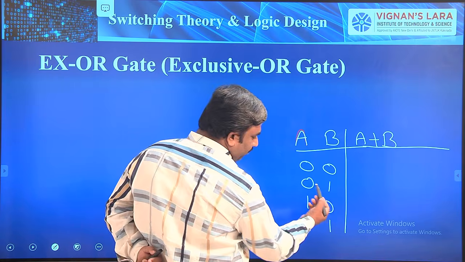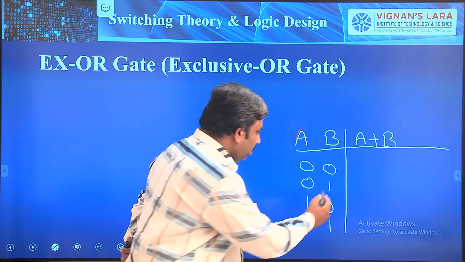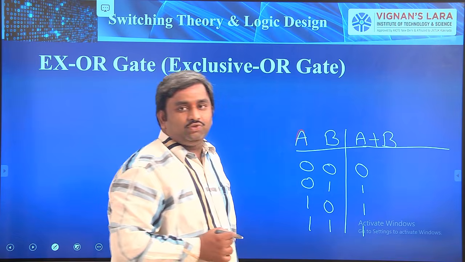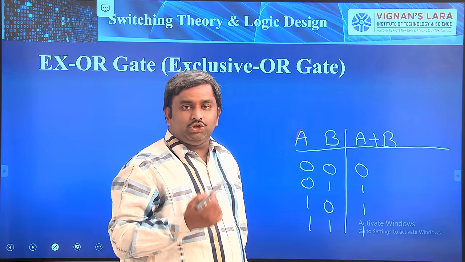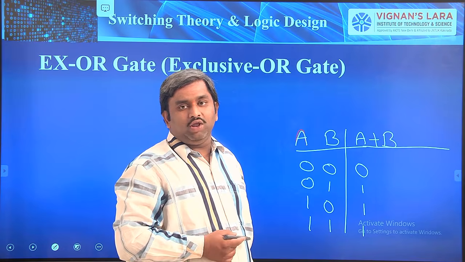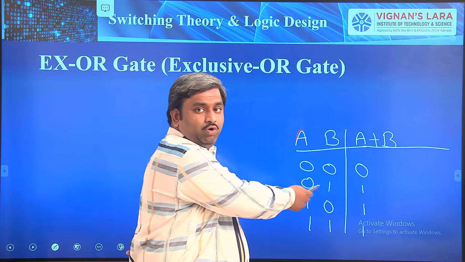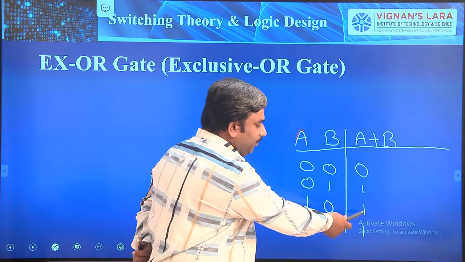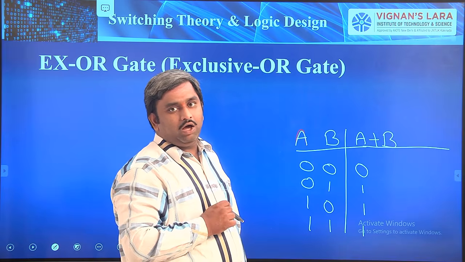If any one of the inputs is on, automatically the output is on. Only if both inputs are low, the output is low. This 0 we can call off condition or low level logic, and 1 represents high level logic. If both inputs are low, the output is low. If any one input is high, the output is high. This is the OR gate operation.